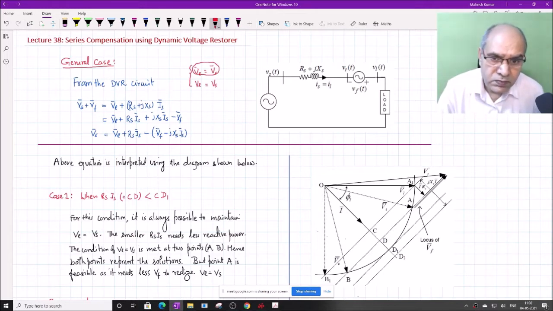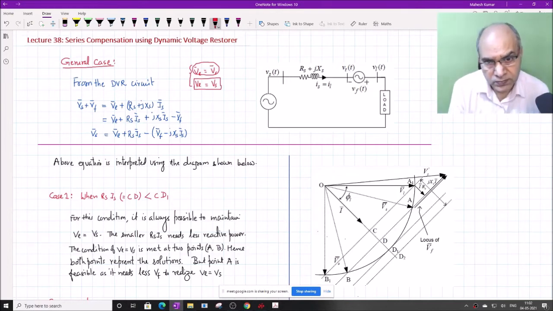In this condition, there is only a magnitude condition. So phase is not a requisite condition for load voltage to be controlled. What is required is basically the nominal voltage at the load bus. Magnitude is enough to be met.